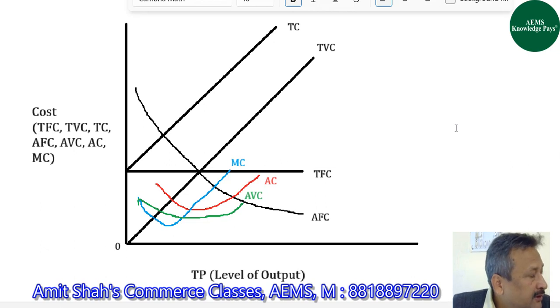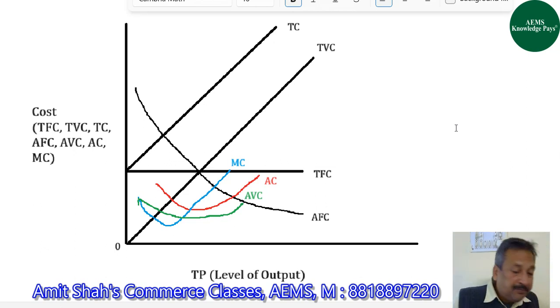This is the first thing about them, which we have already discussed. Why is it so? Because of the three stages of short-term production, we have the three curves having U shape, right?